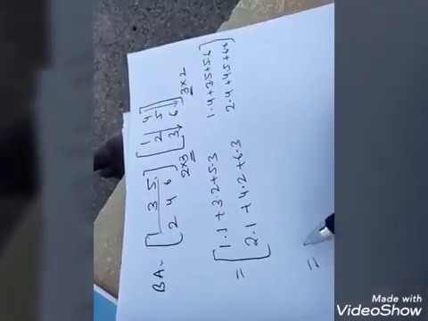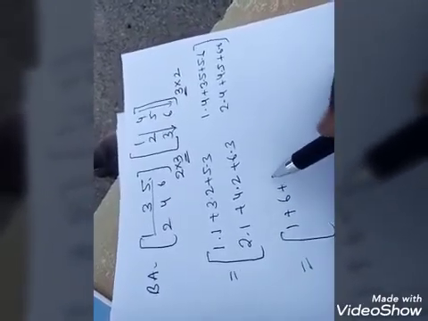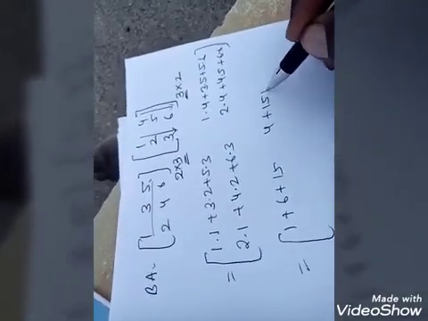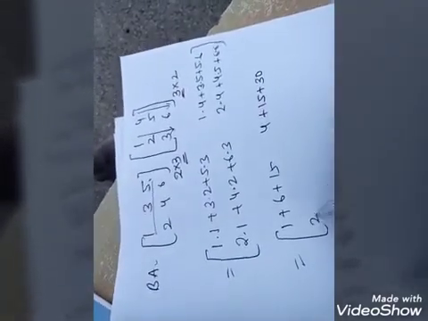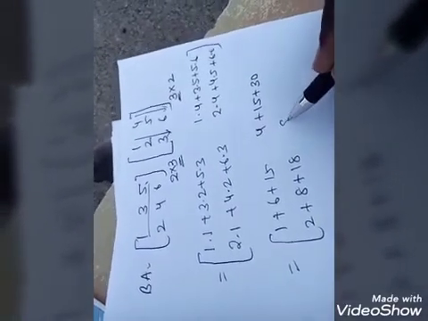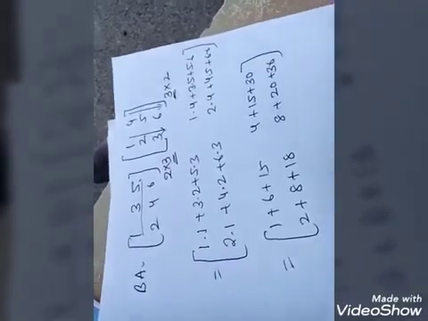Now multiply these. If you multiply, what you are going to get: 1 plus 6 plus 15, and this is 4 plus 15 plus 30. Next one is 2 plus 8 plus 18. Next one is 8 plus 20 plus 36. Now add these all.